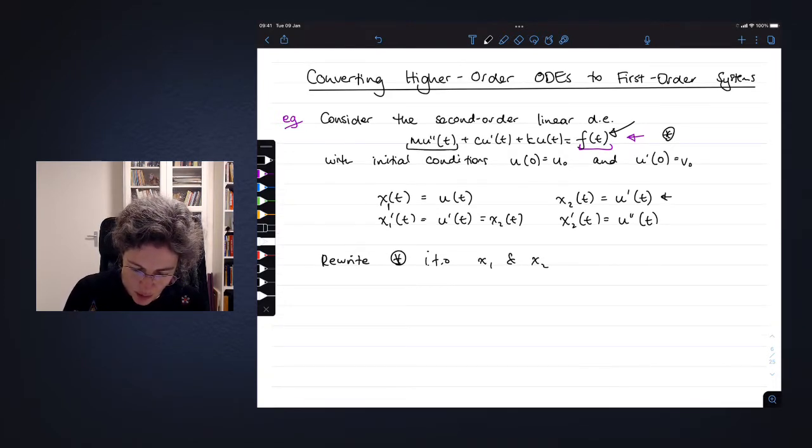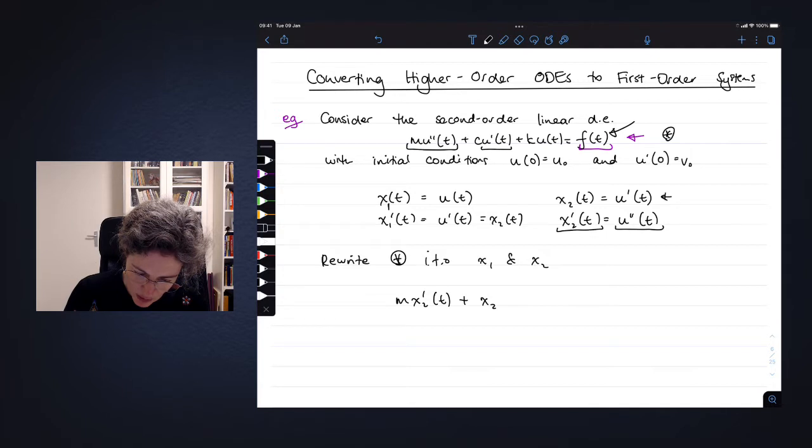So I've got m u double dashed of t, and u double dashed of t is the same as the first derivative of x2 of t. So I've got m x2 dashed of t plus, so u dashed of t is x2 of t, times c plus k times u of t, which is just x1.